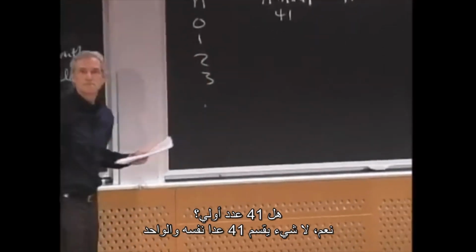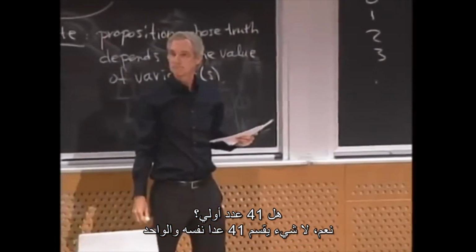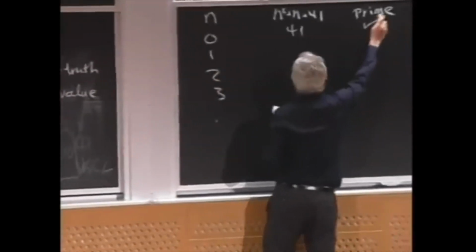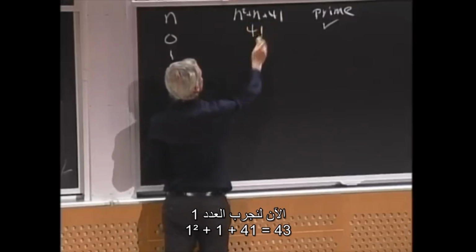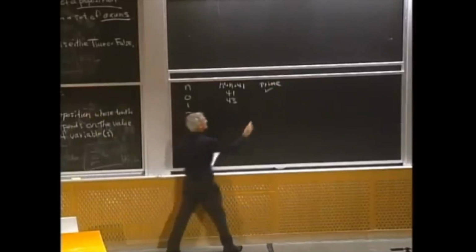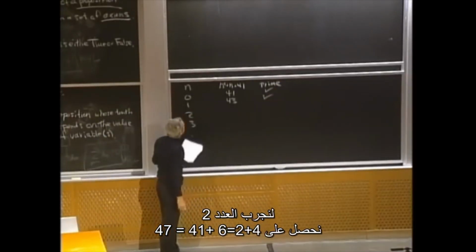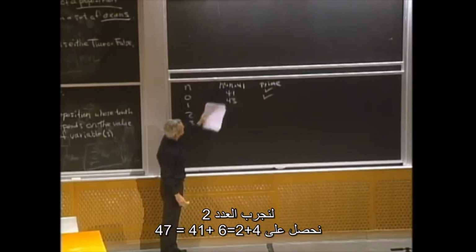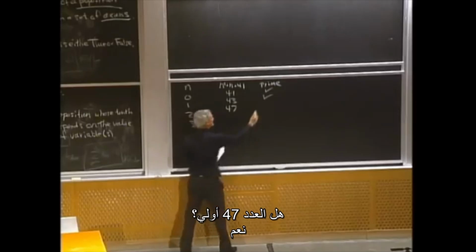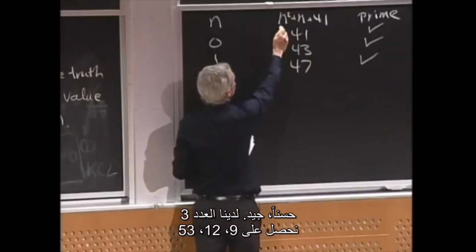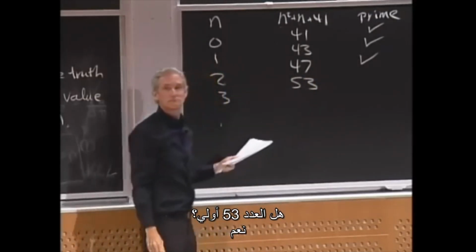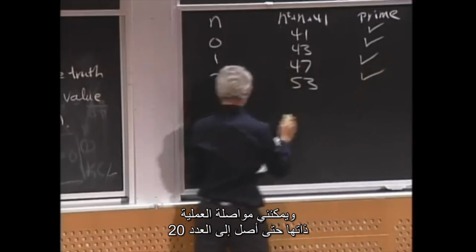Is 41 prime? Yeah. Nothing divides 41 but itself and 1. All right, let's try 1. 1 squared plus 1 plus 41 is 43. Is 43 prime? Yes. Let's try 2. We get 4 plus 2 is 6 plus 41 is 47. Is 47 prime? Yes. Looking good. 3, I got 9, 12, 53. 53 prime? Yes. And I could keep on going here.